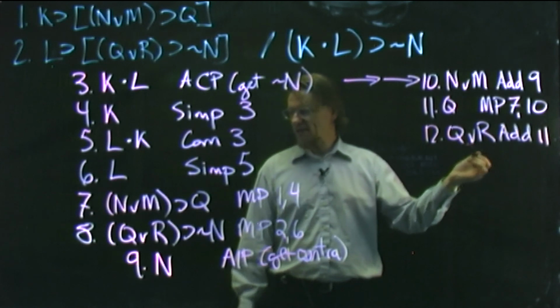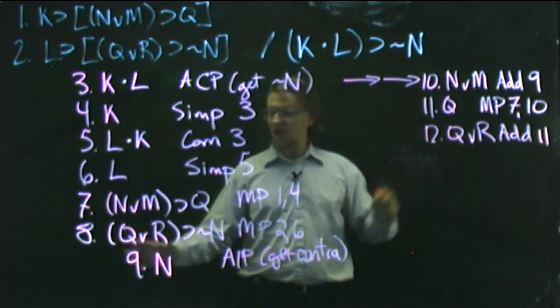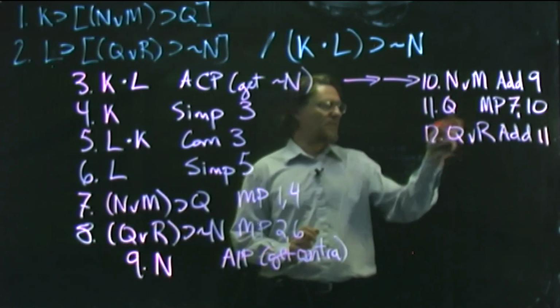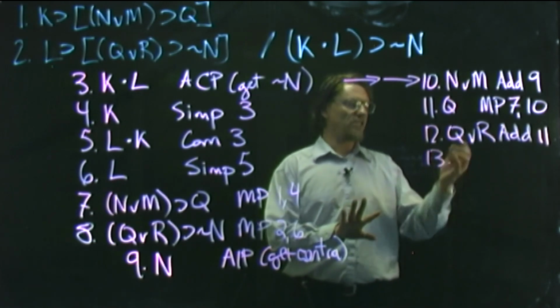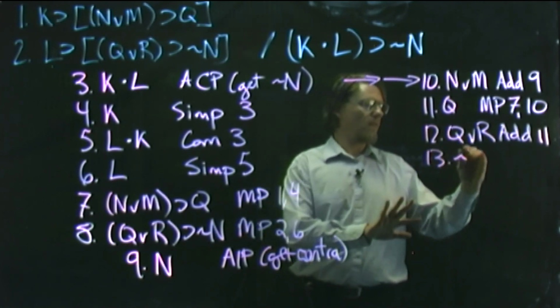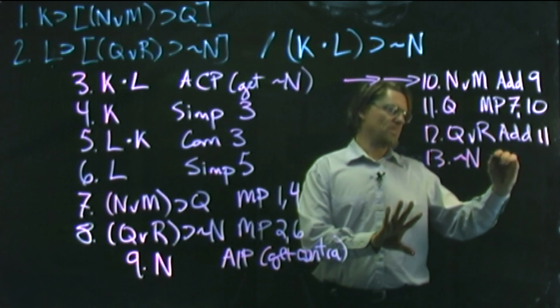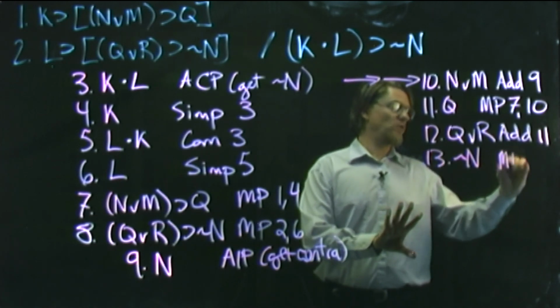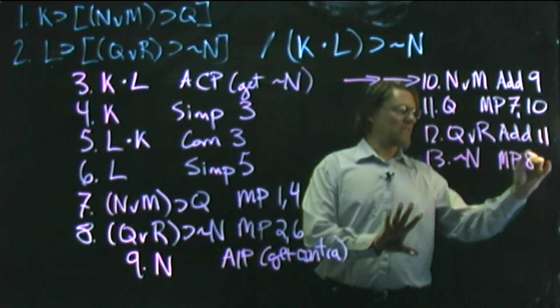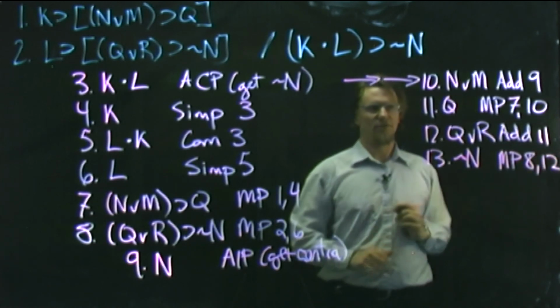Why would we do that? Because now look at 8 and 12. P horseshoe q and P once again enables us to write, what do you know, tilde n. That's modus ponens 8 and 12.